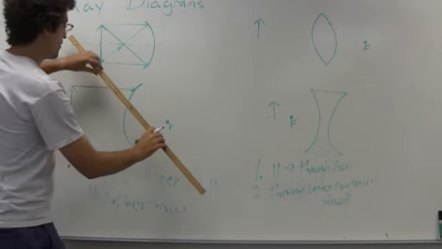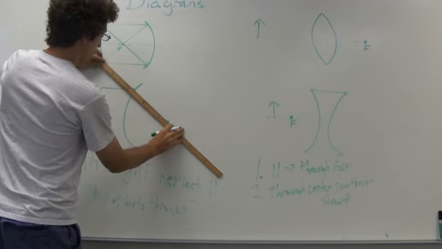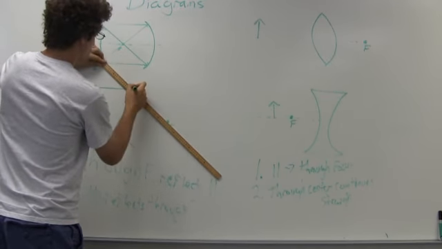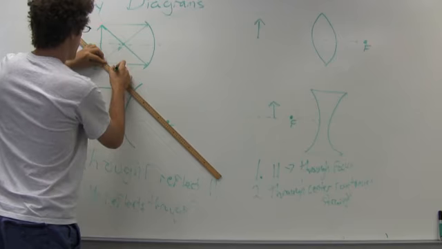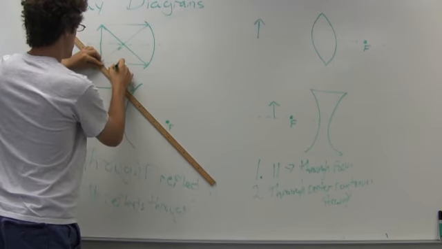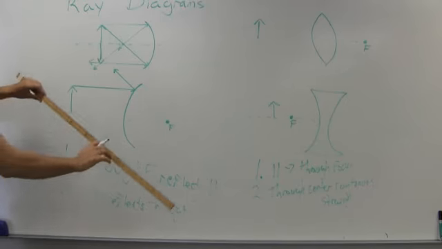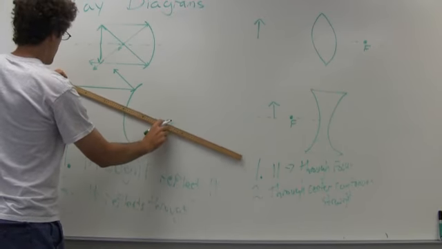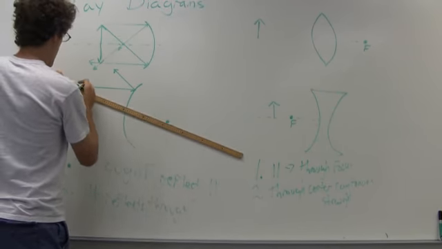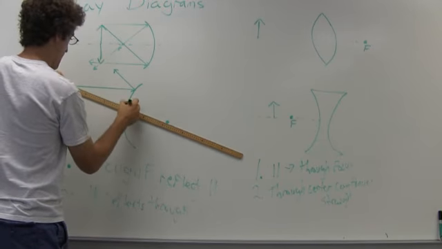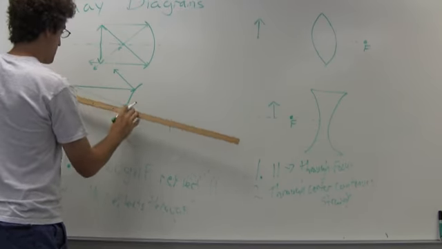So instead it's going to reflect off on an axis that goes through the focal length, so reflect off upwards. The second one is through the focal length, it's going to reflect off parallel.